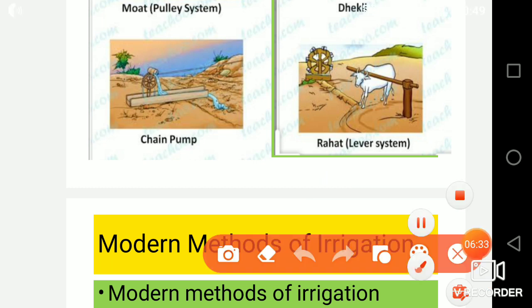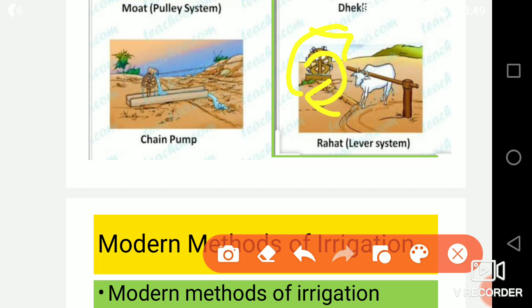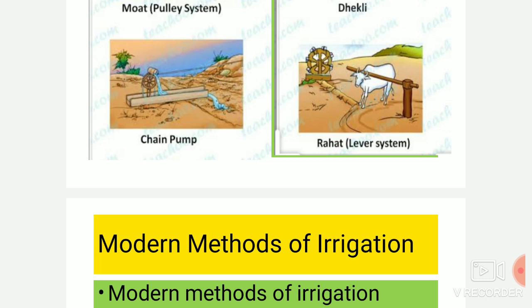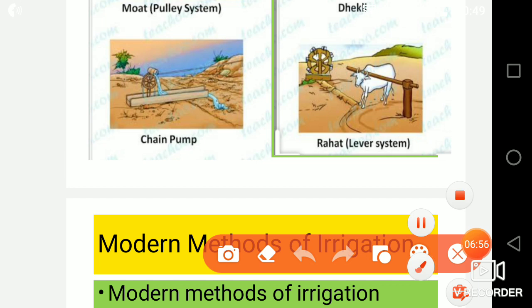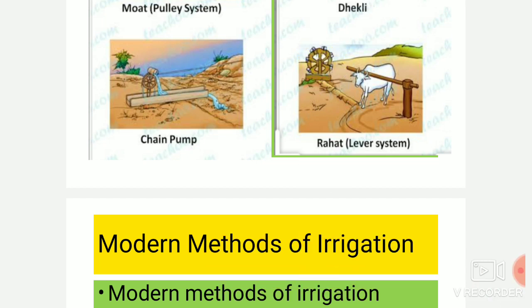As the wheel rotates, the water from the source comes out, and in this wheel you can see various buckets are tied. When these buckets move downward, they bring the water from the water resource, pour it into the canal, and through it the water goes to the different fields.